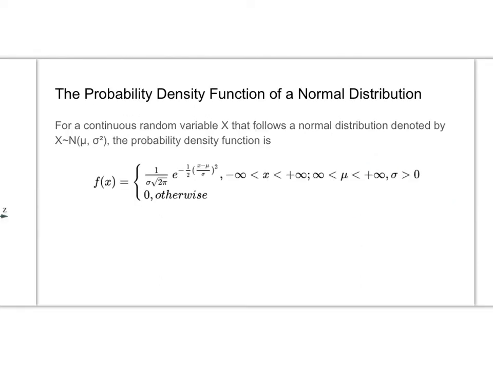Although it is not needed for you to really understand how to construct this function, I will just present to you how the graph of a normal distribution can be obtained. And this function has these components. We have the sigma, which is the standard deviation. We have the e value.